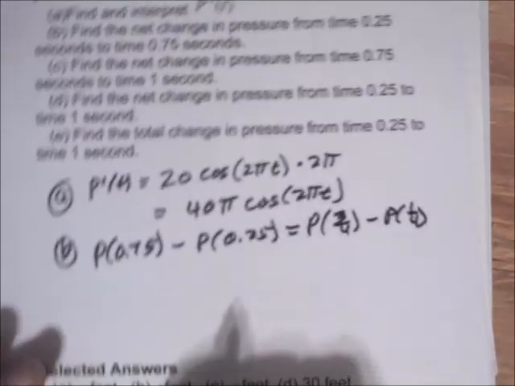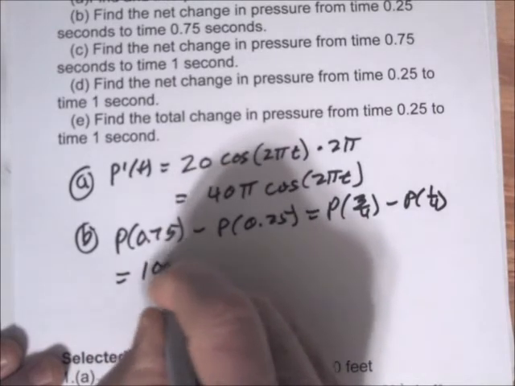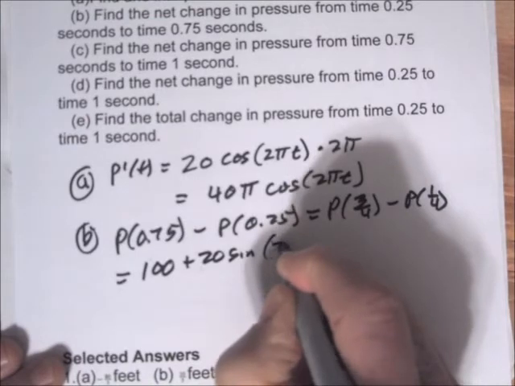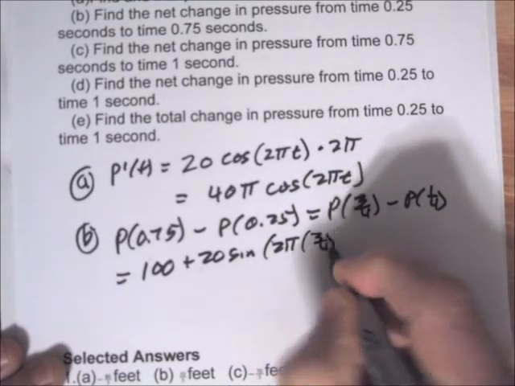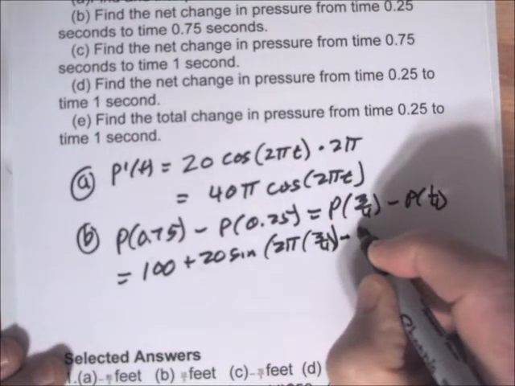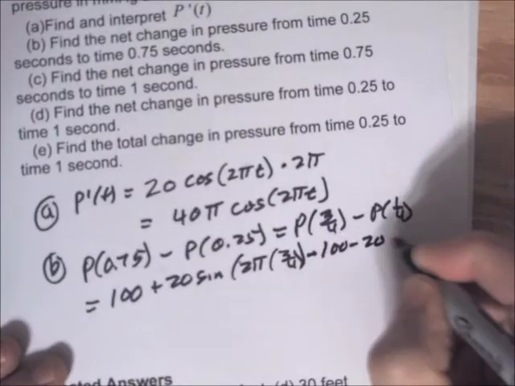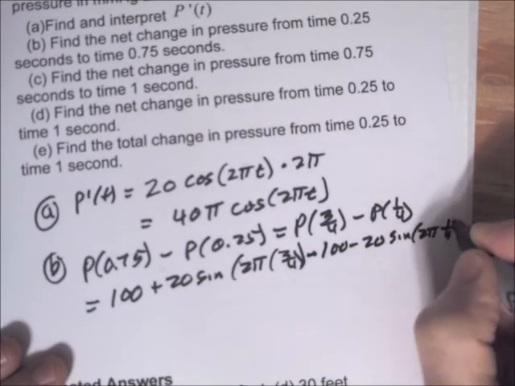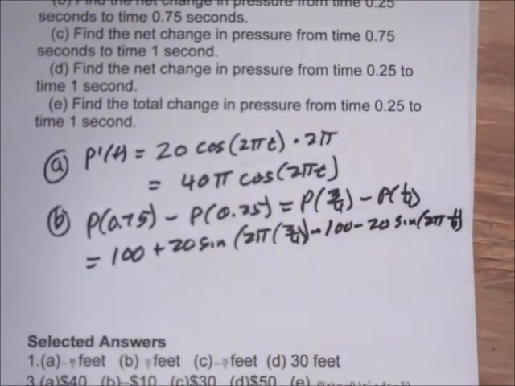So p of 3/4 is 100 plus 20 sine of 2 pi 3/4, minus 100 minus 20 sine 2 pi times 1/4. So the 100 minus the 100 will cancel.